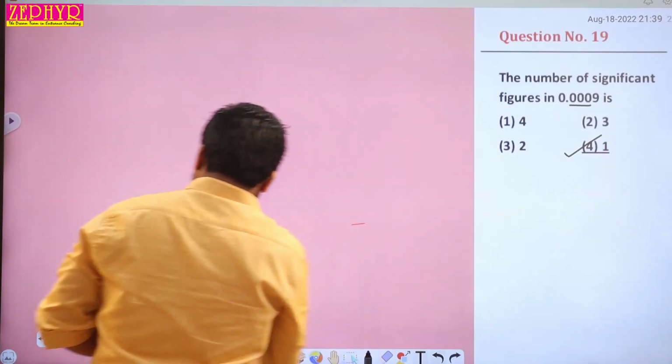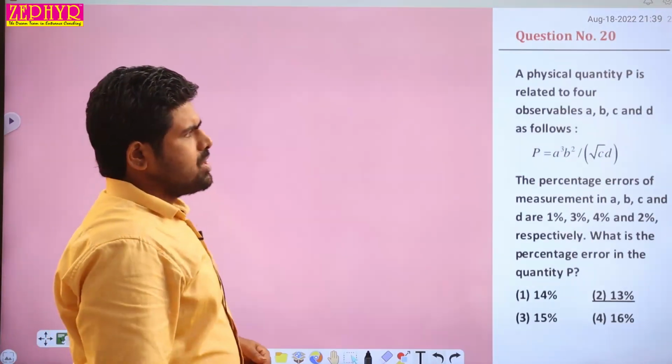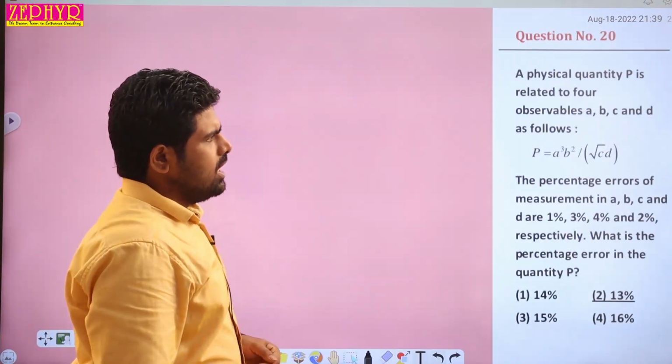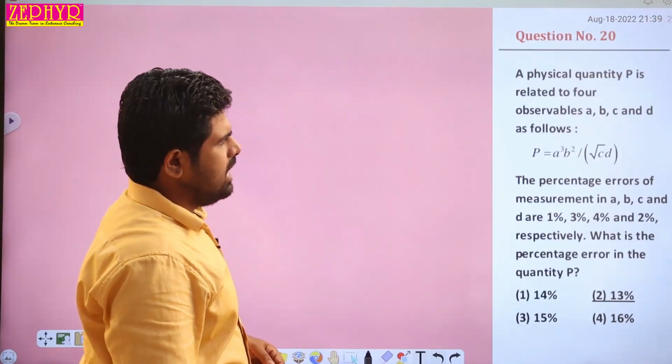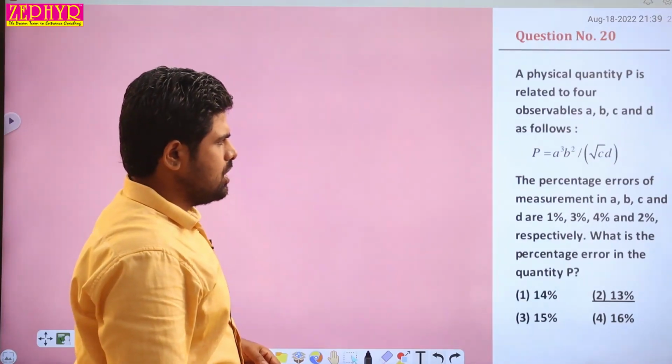Then question number 20, a physical quantity P is related to 4 observables A, B, C and D as follows.